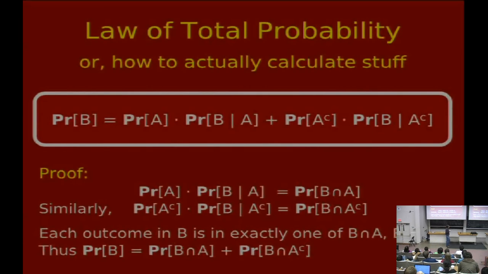Let's look at this term here: probability of A times probability of B given A. Well, we know by an earlier formula that's the probability of B and A. And similarly, this is the probability of B and the complement of A, or not A. Now, this left-hand side is the sum of all the outcome probabilities for outcomes in B. And every outcome in B is in exactly one of B and A, or B and not A. So it's like you've partitioned B into the outcomes that are in A and the ones that are not in A. So the right-hand side and the left-hand side are counting up the same sum.